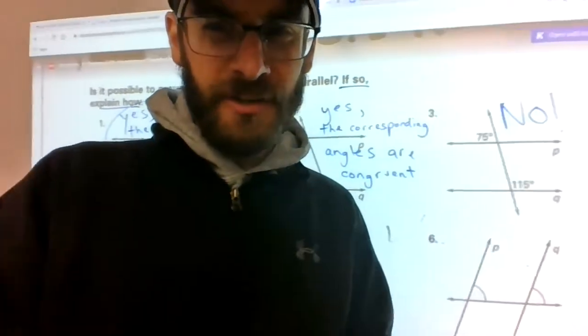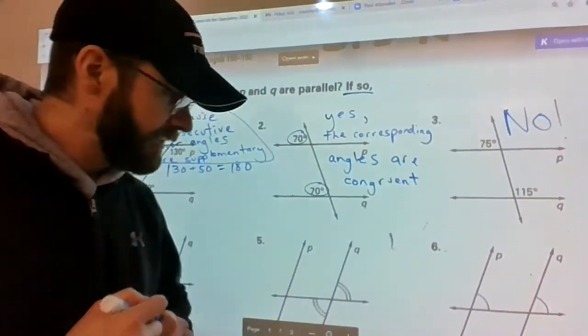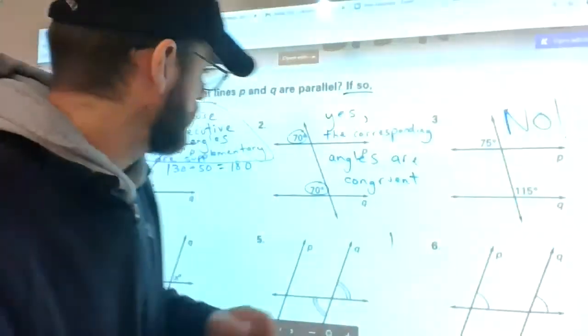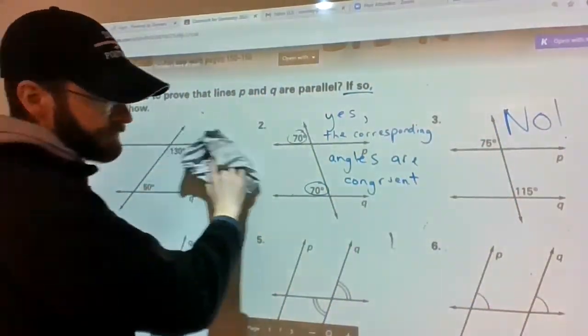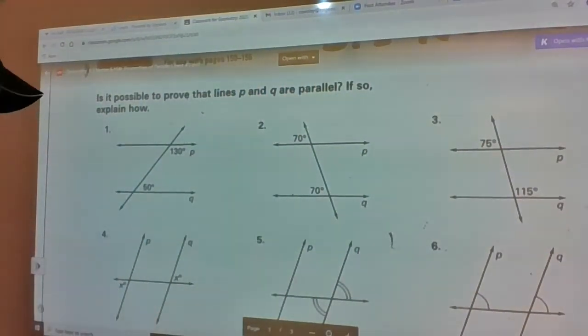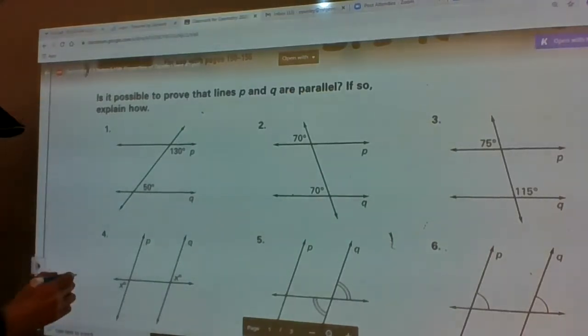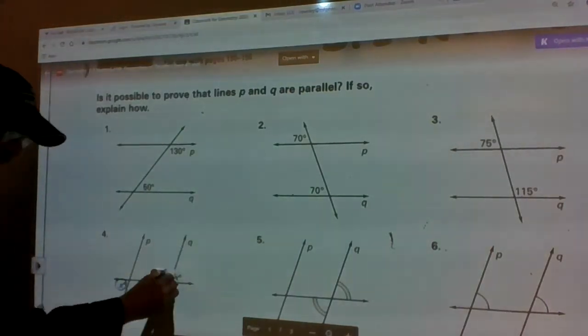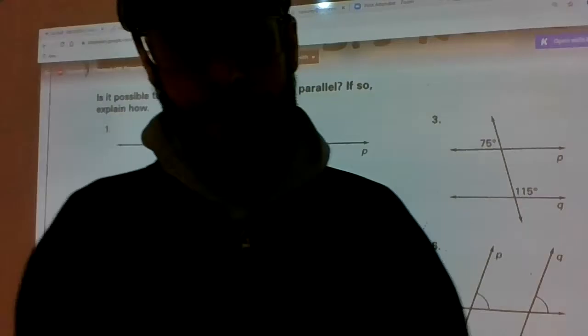So, hopefully you guys are kind of making sense of how we're using those theorems and postulates to figure things out here. Number 4. Oh, this is interesting. We've got angle X happening in 2 different spots.